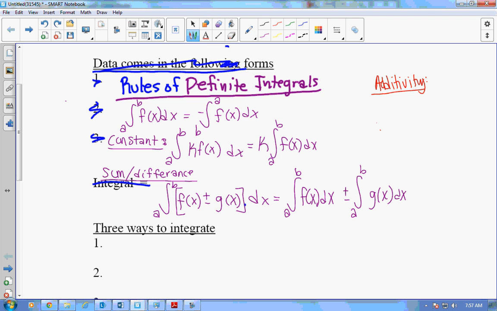If you have two integrals being added and the upper and lower bounds start and end at the same place, so if this one goes from a to b, and it's being added to another integral that starts on the first one's ending point. First one's upper bound was b, so this one would have to start at b, and we integrate from b to c of, say, it has to be the same function as well, f of x dx.